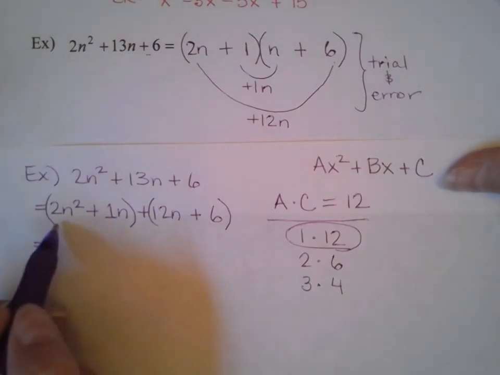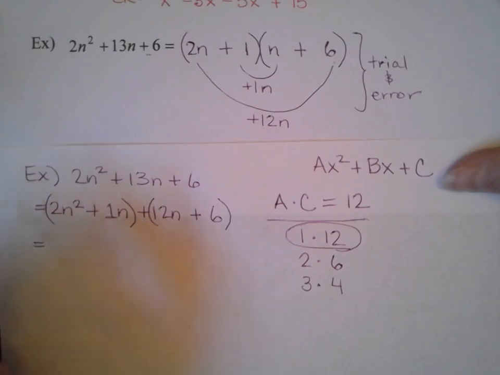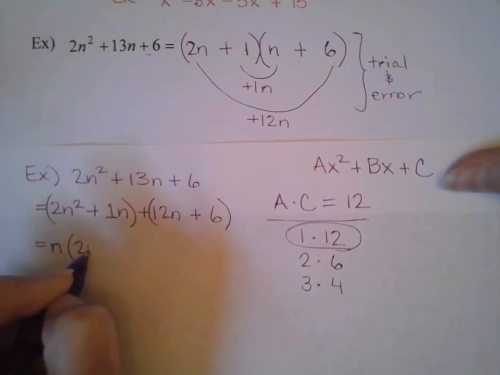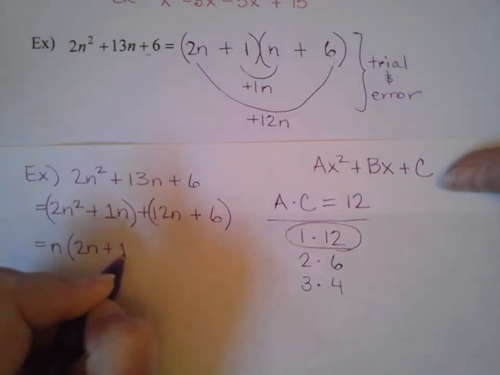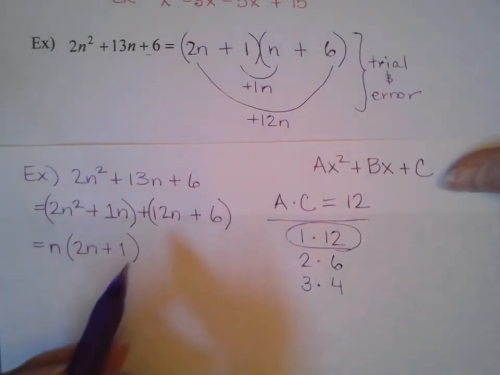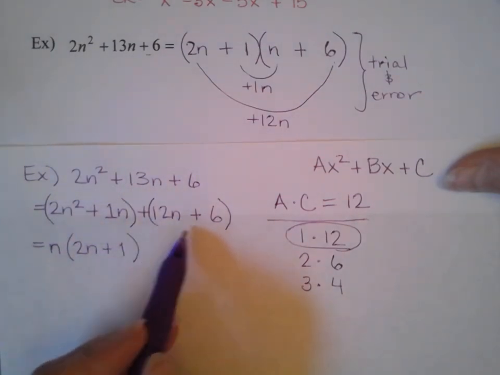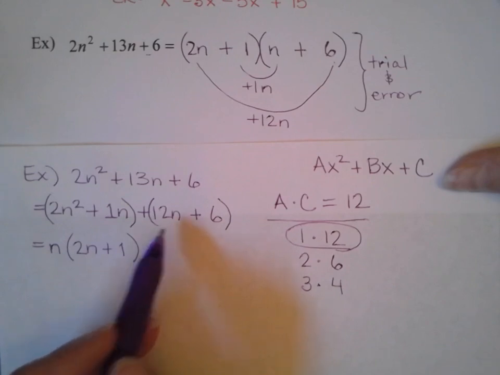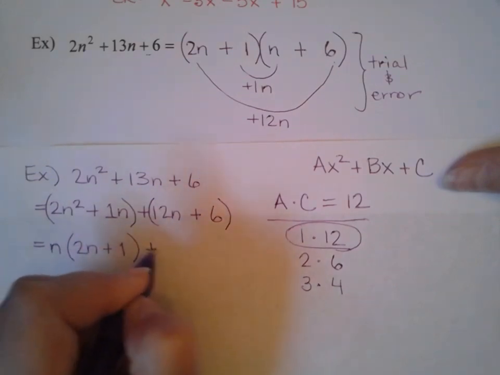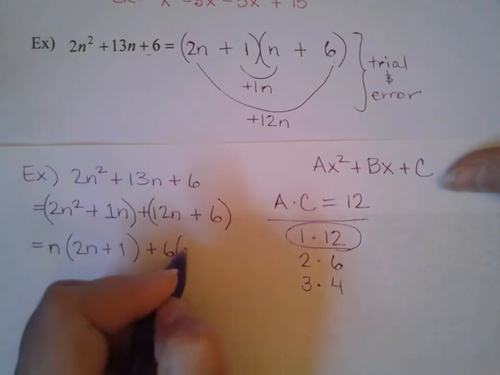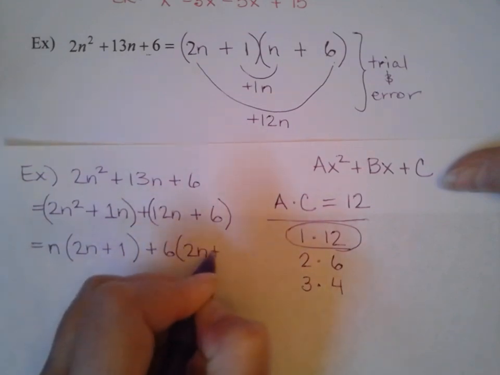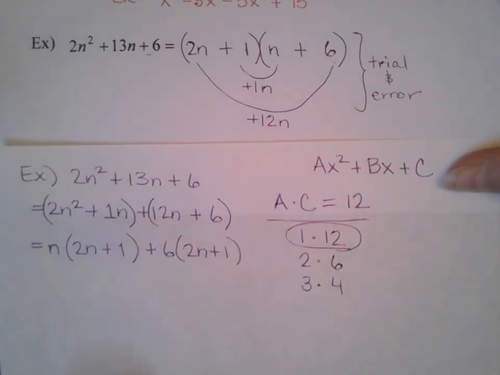Okay, and the GCF for the first pair would be n. And we'll have a 2n plus 1 left over. The GCF for the second pair will be 6. And I'll have a 2n plus 1 left over.